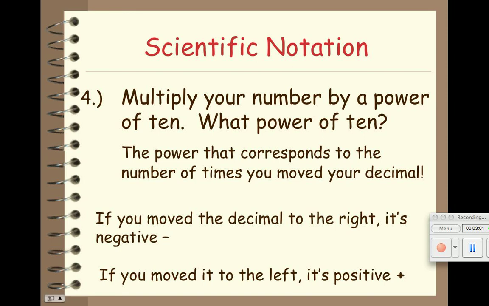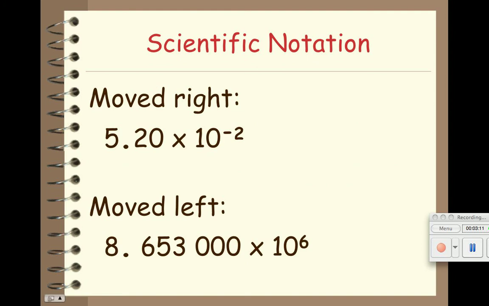Now, if I move my decimal to the right, my power of 10 is negative. If I move my decimal to the left, my power of 10 is positive. So in my examples, since I moved this 2 places to the right, I have a number between 1 and 10, 5.20, and my power of 10 is times 10 to the negative 2, because I moved my decimal 2 places to the right.